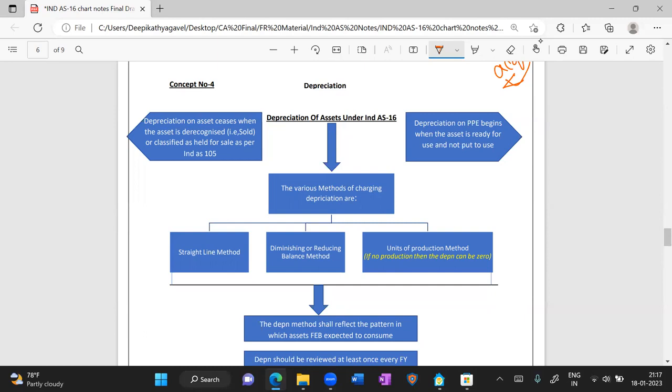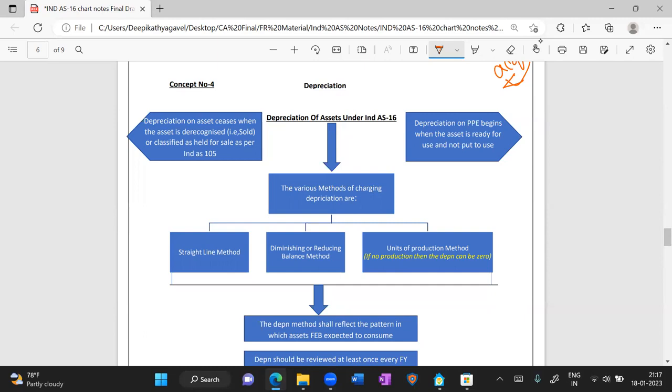So can I apply any one of these methods according to my wish? The standard says no. The method that you choose should be in par with the pattern in which you expect the future economic benefits to flow from that particular asset.